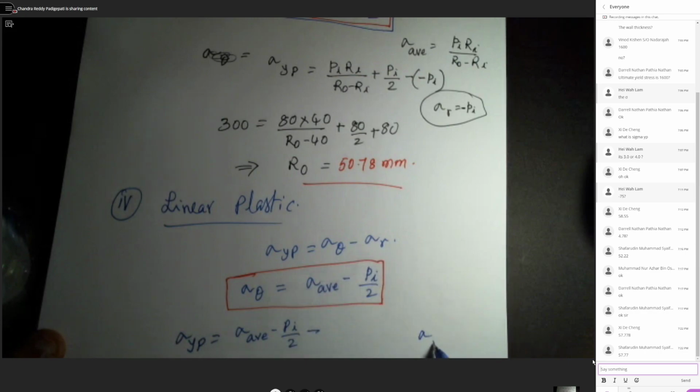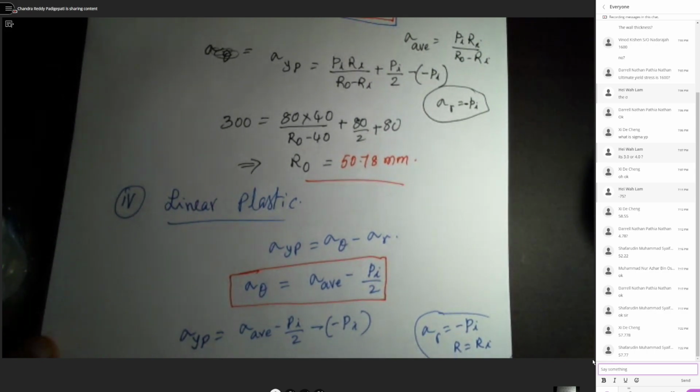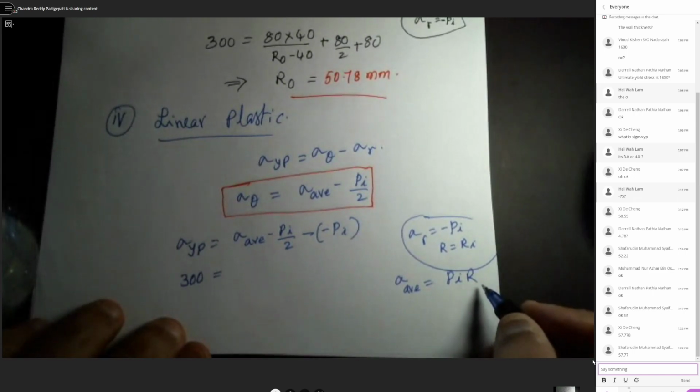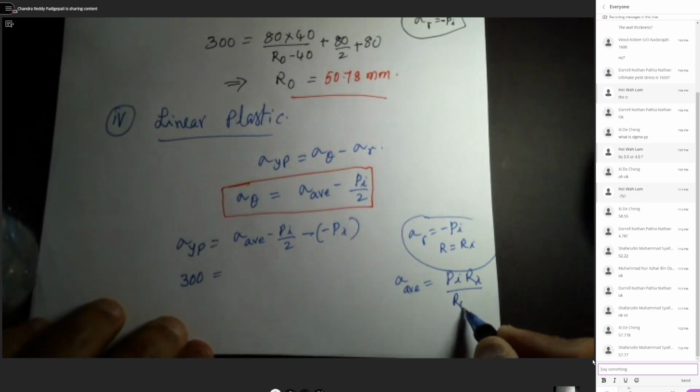Sigma r is equivalent to internal pressure at r equal to ri, so minus sigma r means plus pi. So we can write 300, with sigma average again the same thing, pi ri over ro minus ri.